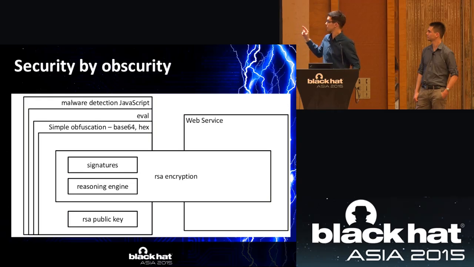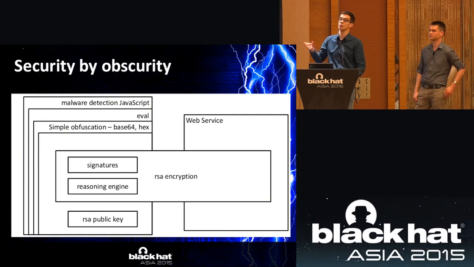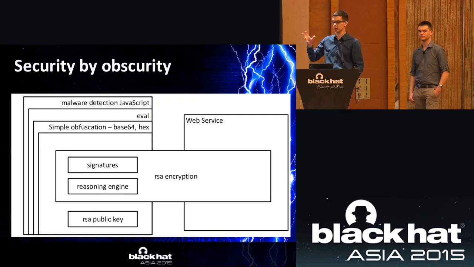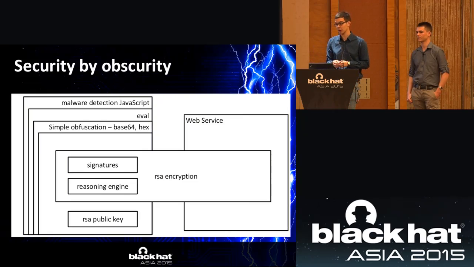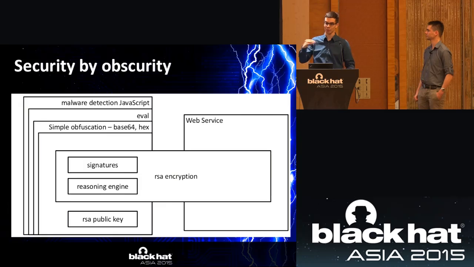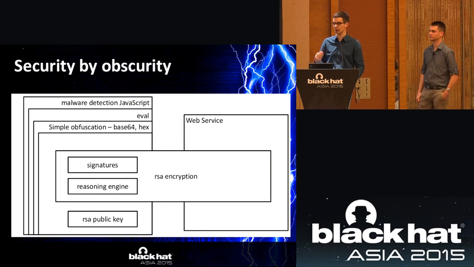Maybe we didn't say that the JavaScript is sent to the browser for each site. Some of the solutions do it for each site, so it could be changed. So it should prevent easily modifying this JavaScript. The obfuscation pattern should be changing itself, we think. Because still it's raising the bar to make it harder to bypass, to make it harder to automatically bypass that.